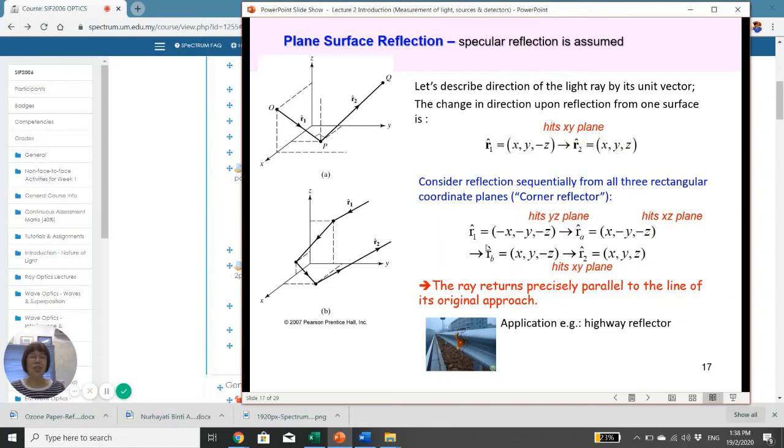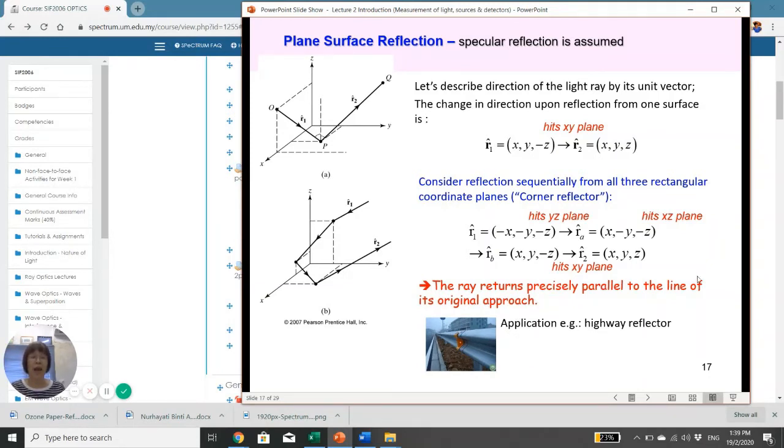All right, so if you look at the coordinates here, starting from a direction in negative x, negative y, negative z, the output ray, the reflected ray, will be in the positive x, y and z. So the ray returns precisely parallel to the line of its original approach, only in the opposite direction.